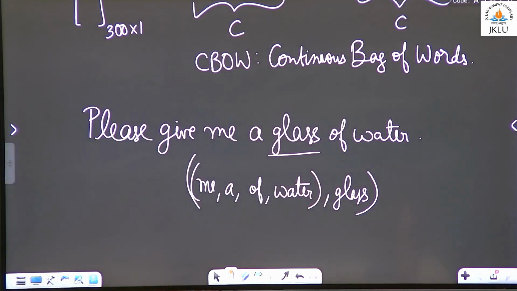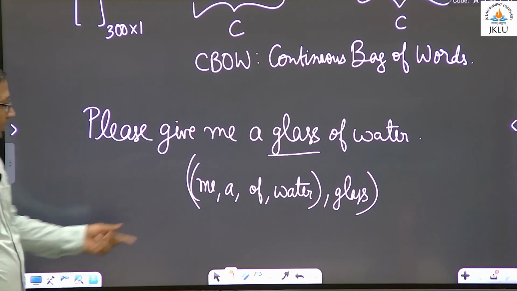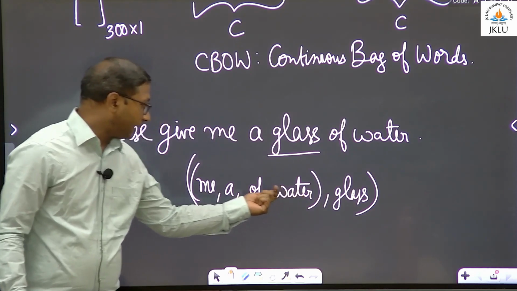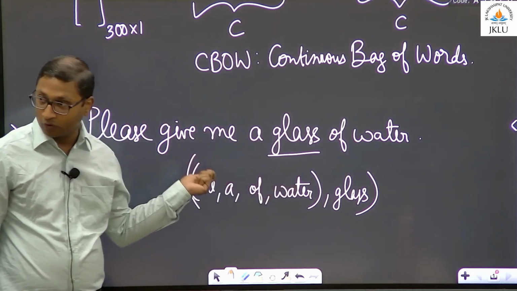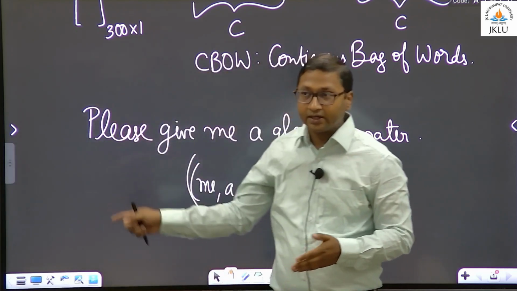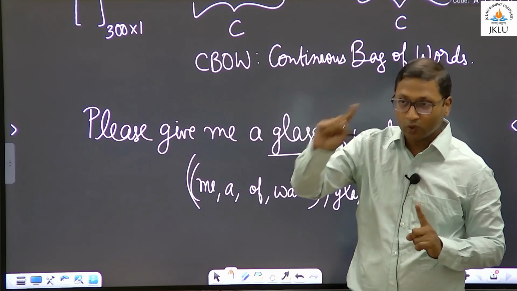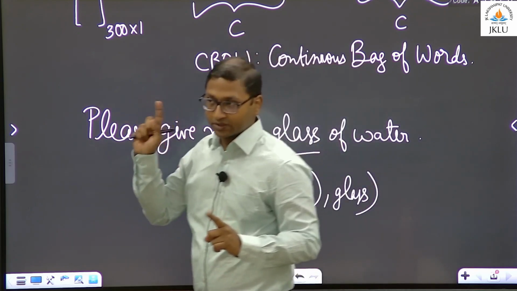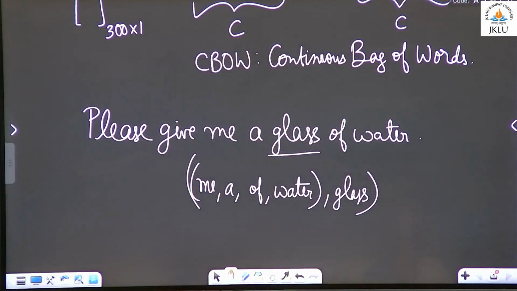How will you make the neural network for this? The neural network is the same, except that you will have 1-hot vectors of all these 4. What does that mean? On your left hand side, instead of having just 1, you will have 4. At 4 places you will have 1s. Okay, and that's it.